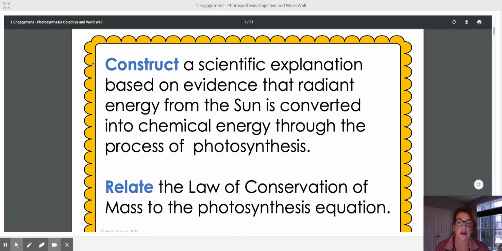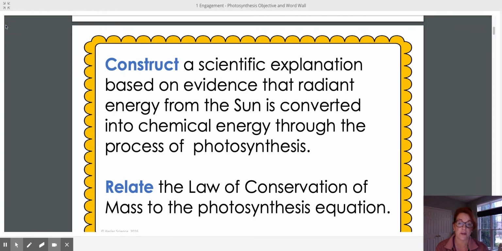So the first thing we need to be able to do is construct a scientific explanation based on evidence that radiant energy from the sun is converted into chemical energy through the process of photosynthesis. That is very wordy. But if you remember back, I think it was our first unit this year, we talked about different types of energy, and one of them was radiant energy.